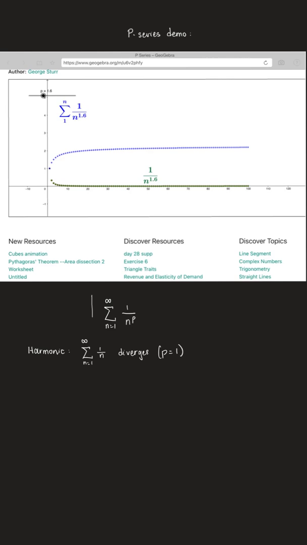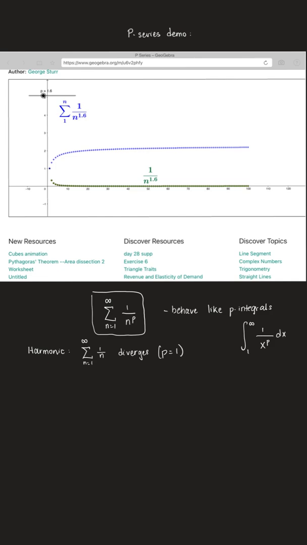What's important to understand about these series is that they behave just like the p-integral that we saw when we looked at improper integrals. You might recall that those look like this: integral from 1 to infinity of 1 over x to the p dx.